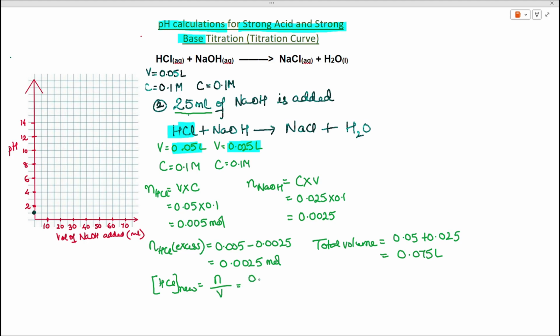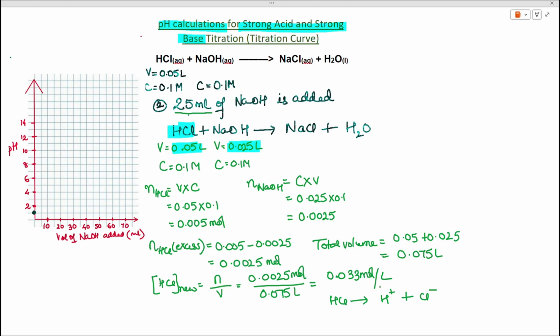So we have 0.0025 moles being divided by 0.075 liters of the solution. So the new concentration we have is 0.033 moles per liter. And because this is the new concentration of HCl, and again HCl being a strong acid breaks down into H positive and Cl negative.